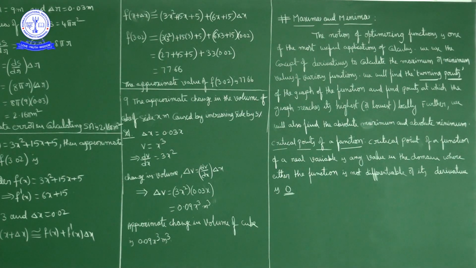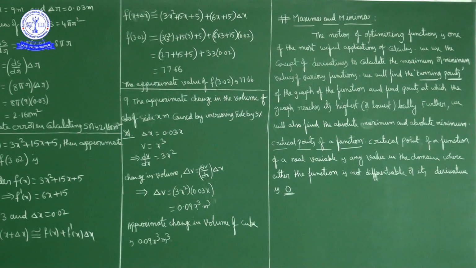Okay, now with this we completed this concept, that is approximations, errors and approximation completed. Next concept is maxima and minima. This is the final concept and most important concept, maxima and minima.